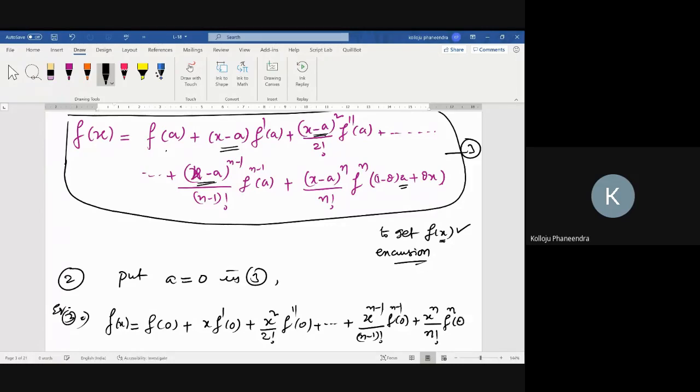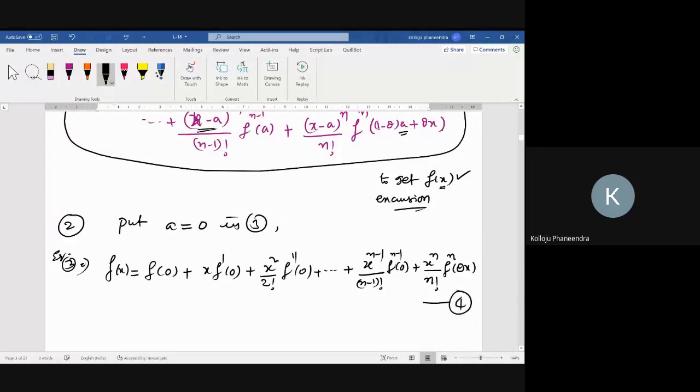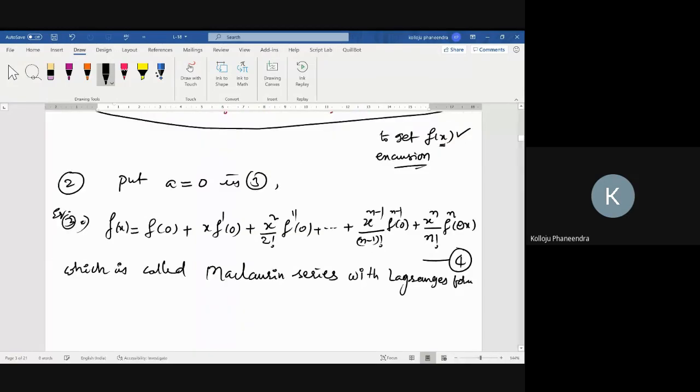So directly this is theta x, equation 4. This is also an important formula, which is called Maclaurin series with Lagrange's form of remainder.